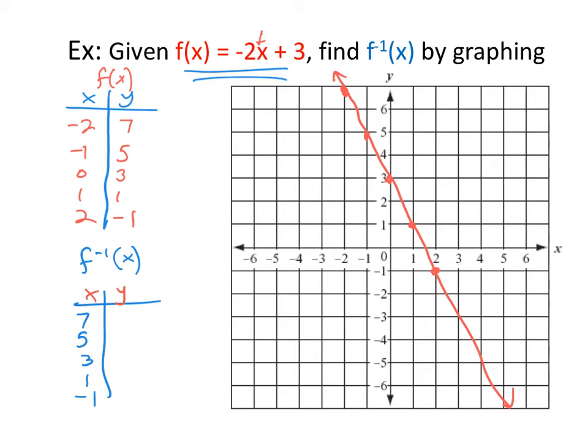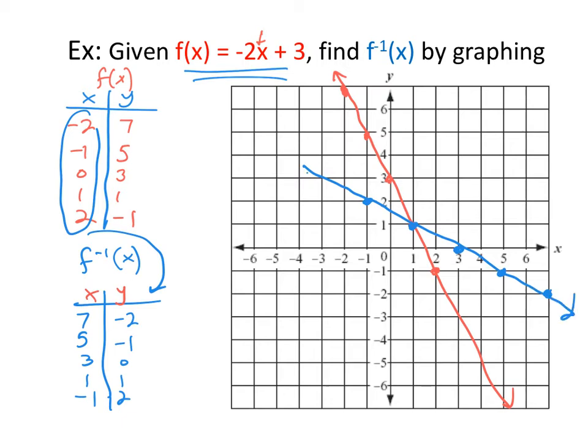So if I take that first column and now write it in this column, it'd be -2, -1, 0, 1, and 2. If I plot those points now, 7, -2, 5, -1, 3, 0, 1, 1, and -1, 2, this would be the sketch of what f inverse looks like.